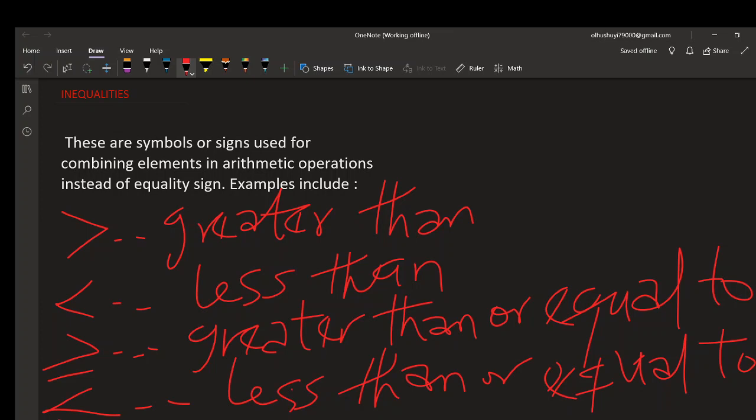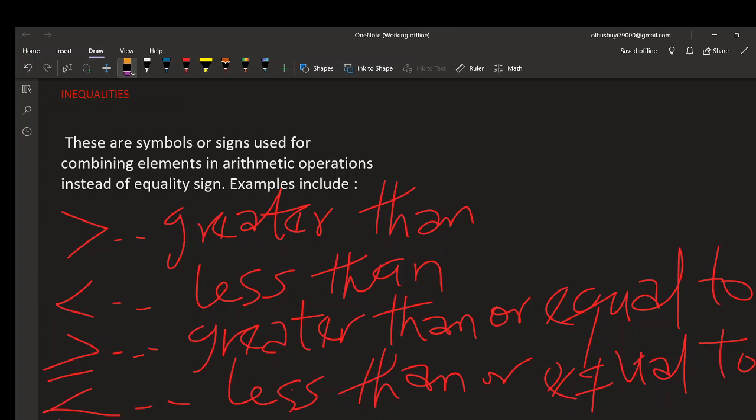I want to believe you are getting everything I've said. I've mentioned greater than, I've made mention of less than, and I've equally made mention of greater than or equal to, and less than or equal to.